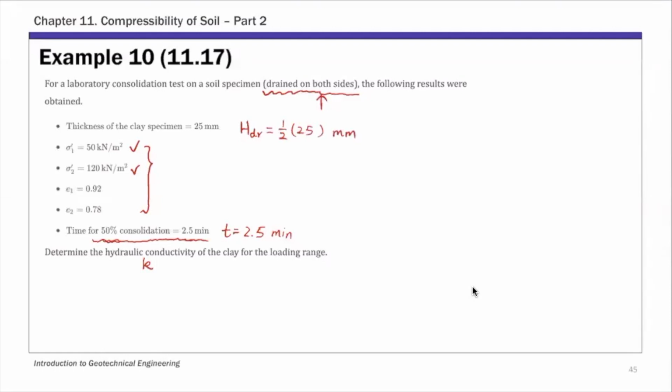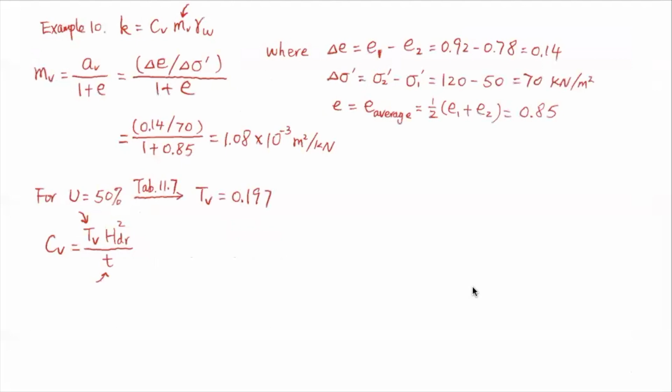All right, with this information, we now have 0.197, that's T sub v. And H sub DR, we said that's half of the specimen thickness, so that's 1/2 of 25, and we're going to convert millimeter to meter.